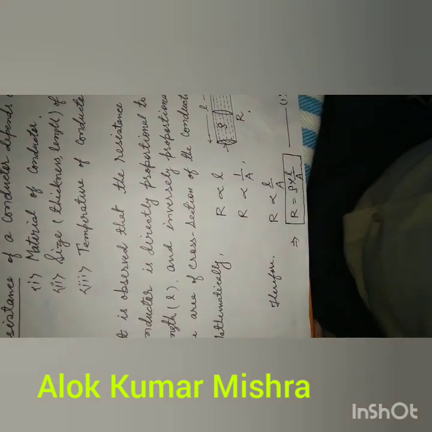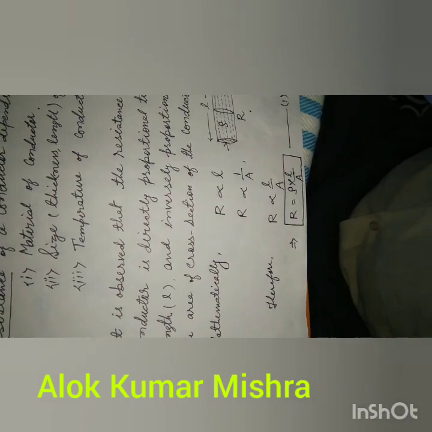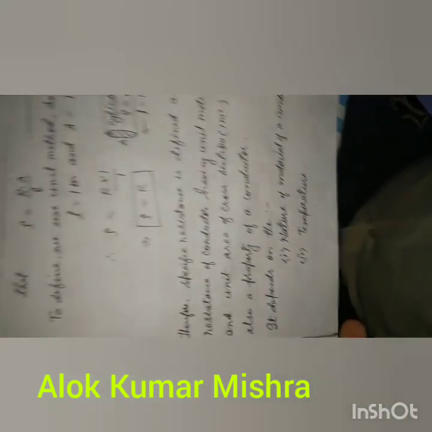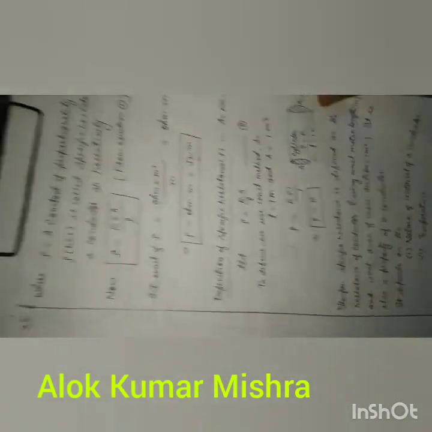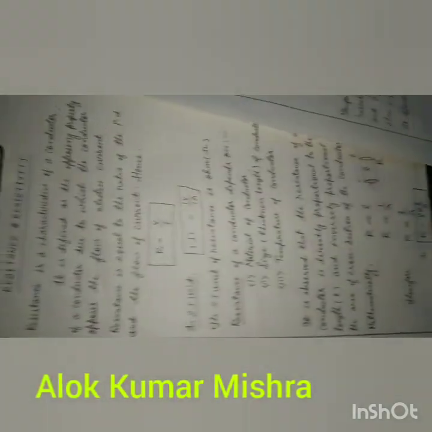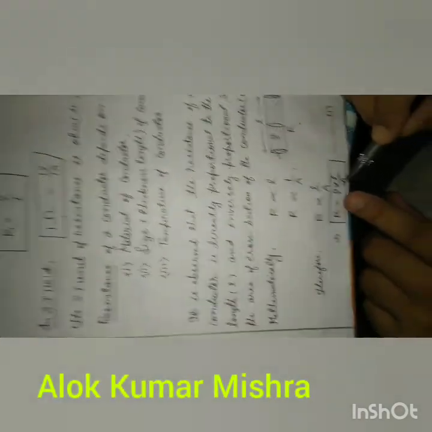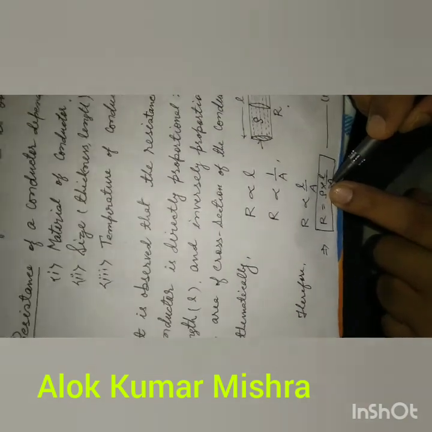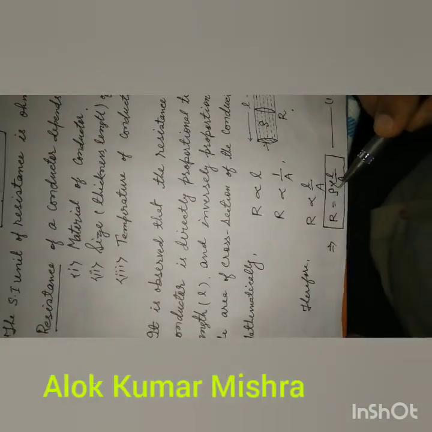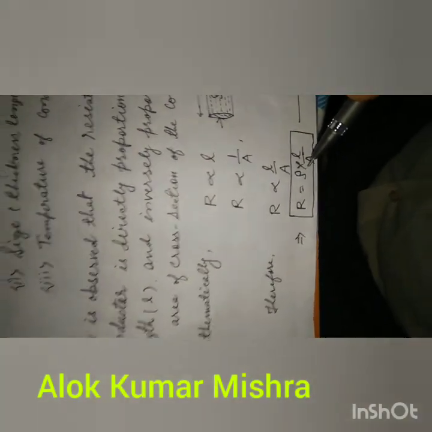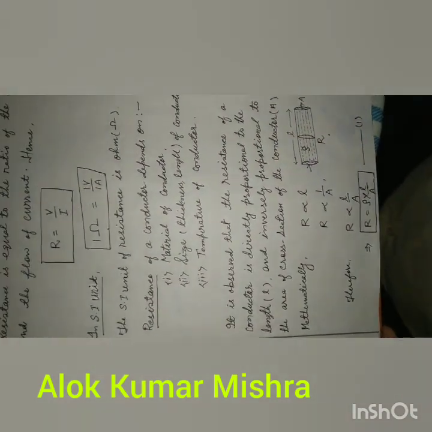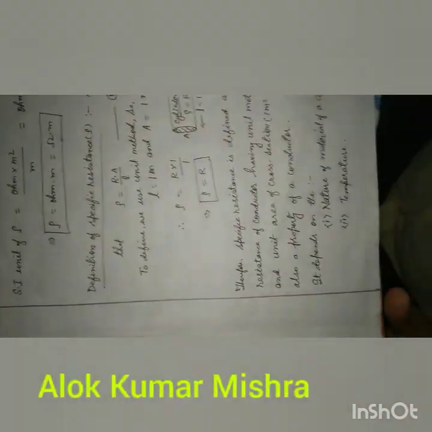In place of proportionality, we put a constant which is called the specific resistance. It is a new quantity, known as rho, and it is called the specific resistance of a conductor.